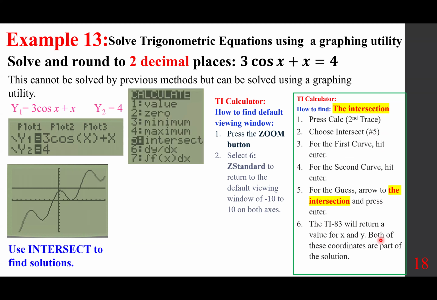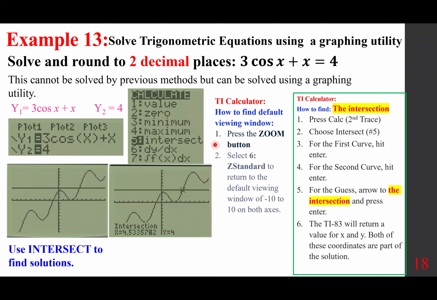So you go with calculate, you go down to intersect, and it will show you the intersection, as I mentioned, and it has the x and y. And so the x coordinate is 4.53.